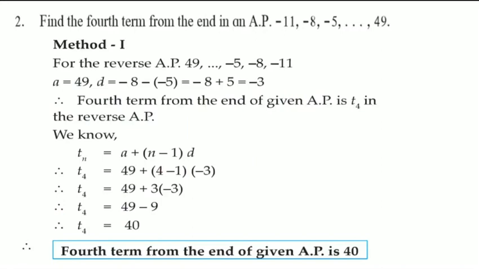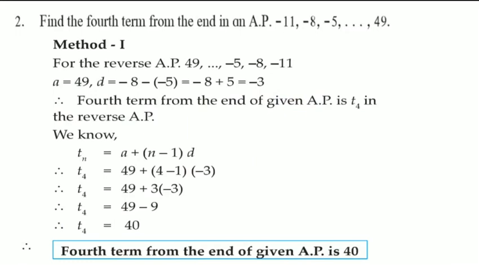So here we want to find out the fourth term from the end of the original AP. So for this reverse AP, this will be the fourth term. That means we have to find out T4 in the reverse AP. So let us make use of the formula of Tn.